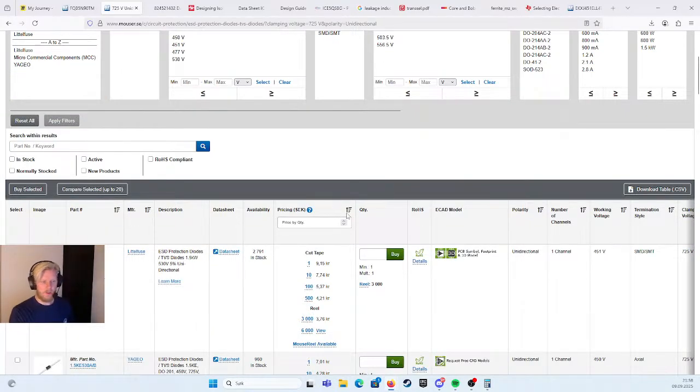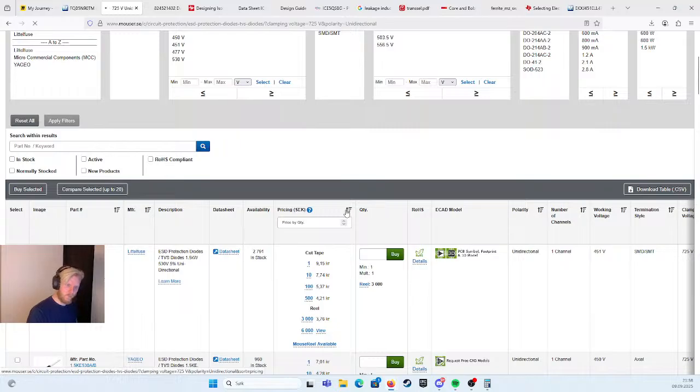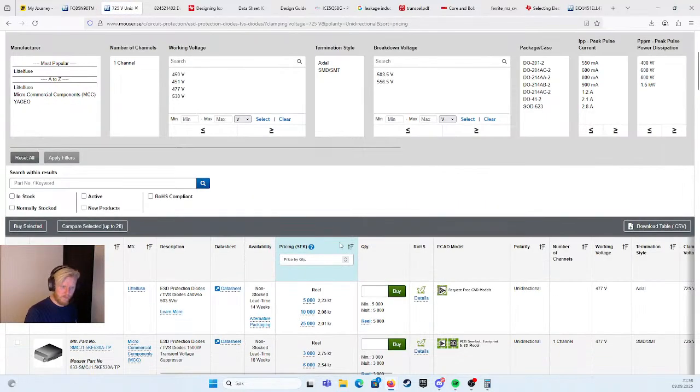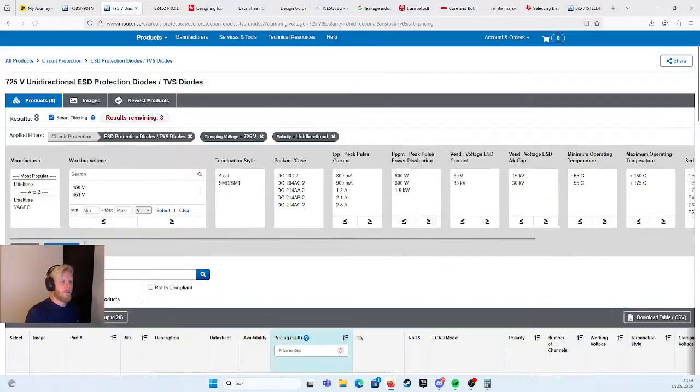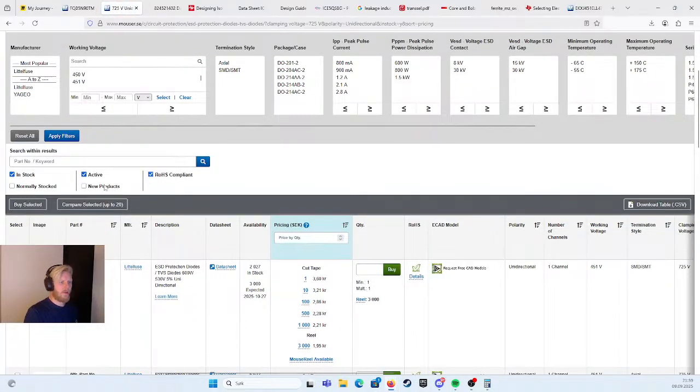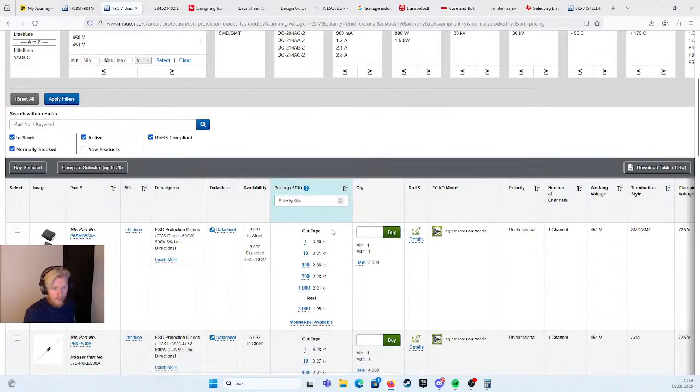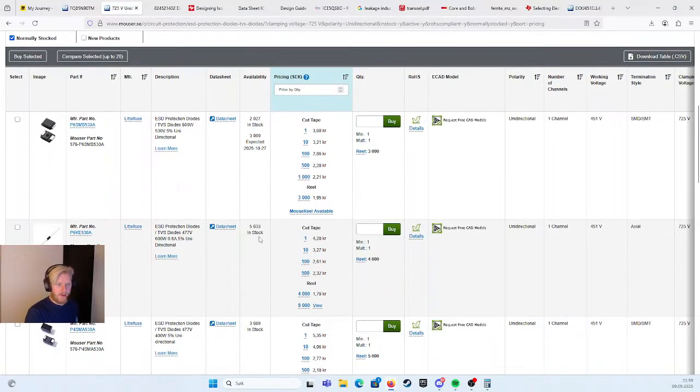Let's just look at the cheapest one. In stock. And also active, RoHS compliant. They're quite cheap at least. We have a through-hole component.